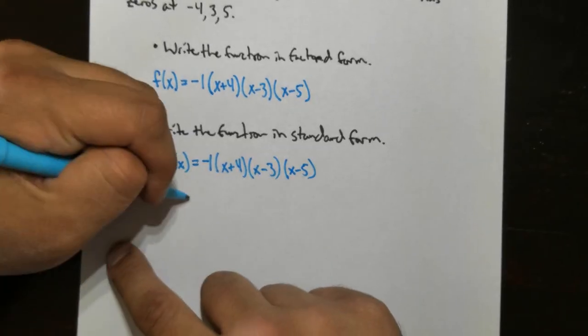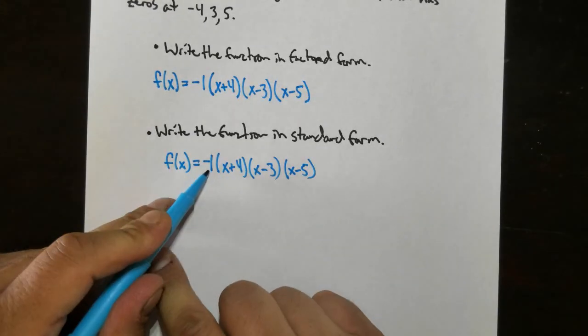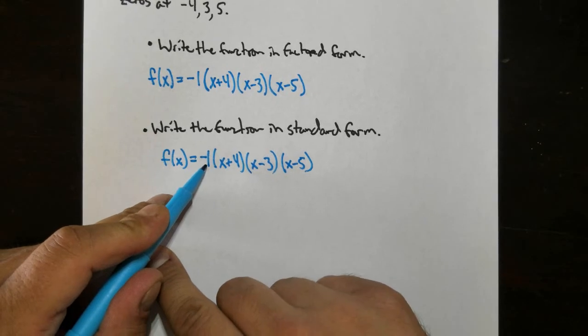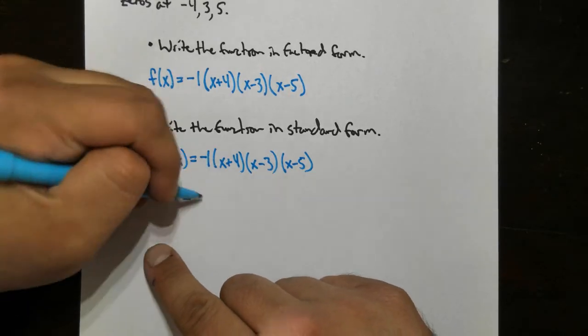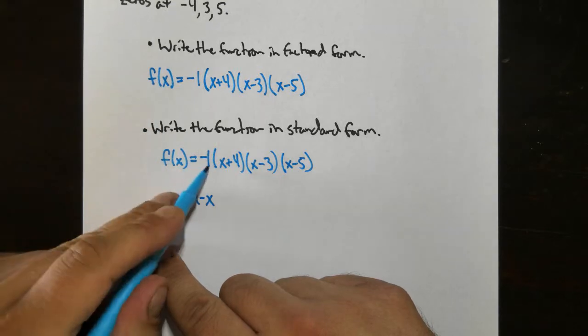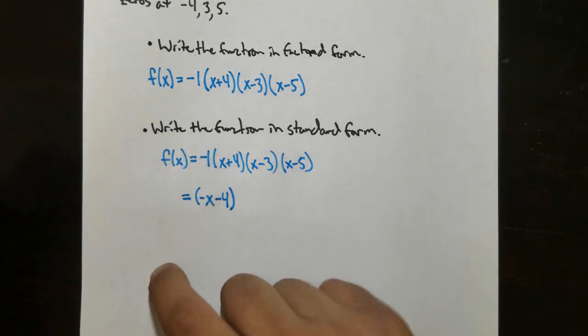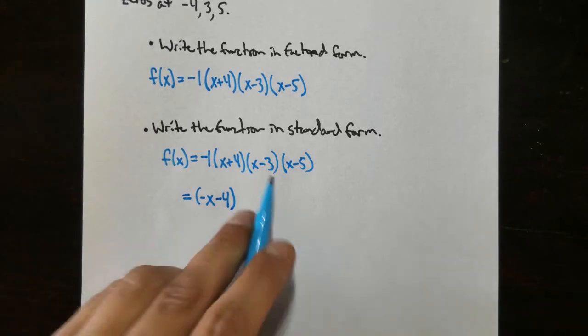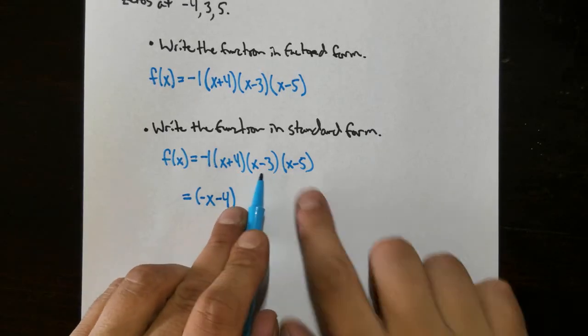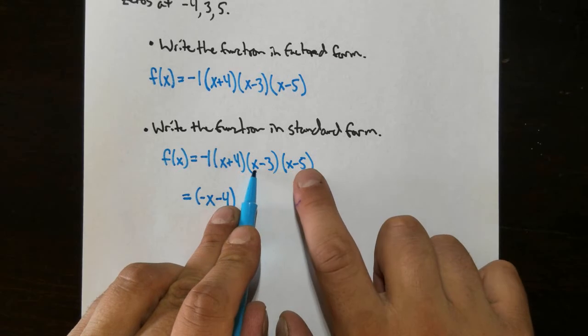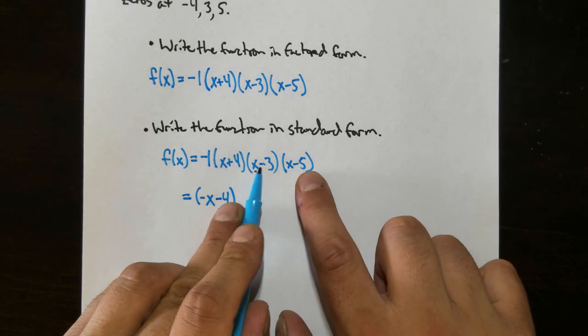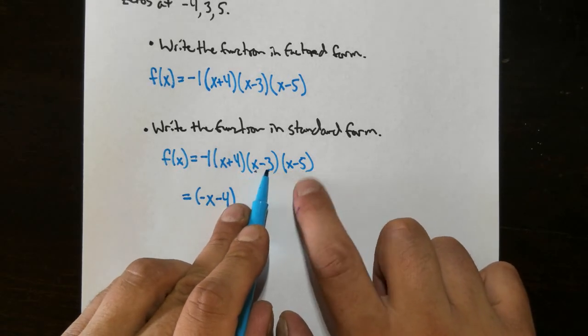Here I just want to distribute this negative. So negative 1 times x is just going to be negative x. Negative 1 times 4 is negative 4. And I'm going to multiply these two together at one time. So we're going to want to FOIL these. So x times x and x times negative 5. And then negative 3 times x and negative 3 times 5.